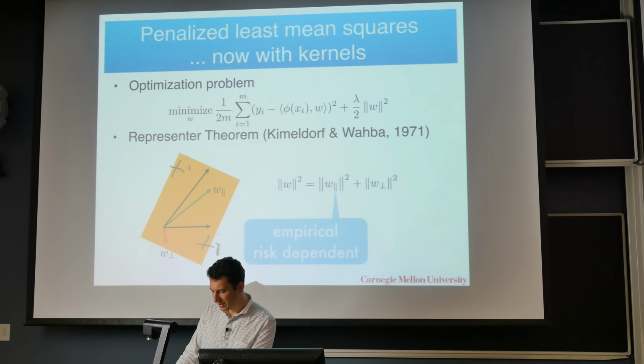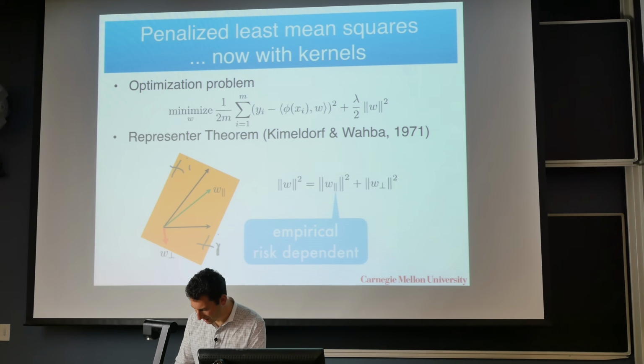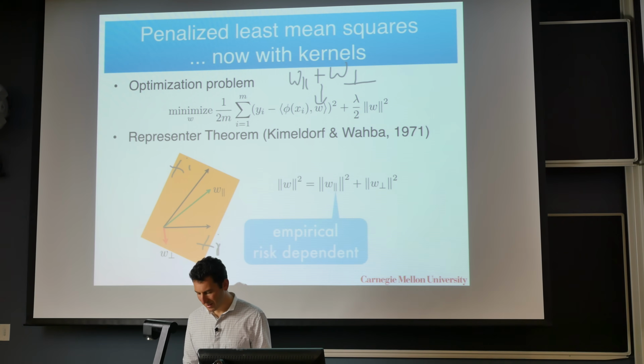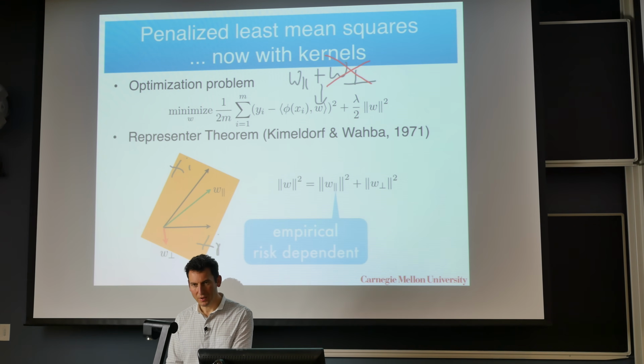And of course, if I do this and I plug it in here, I get W parallel plus W orthogonal. You can immediately see that you don't need the orthogonal part here. I can eliminate this, because the orthogonal part will always equate to 0 if I take an inner product with phi of xi.